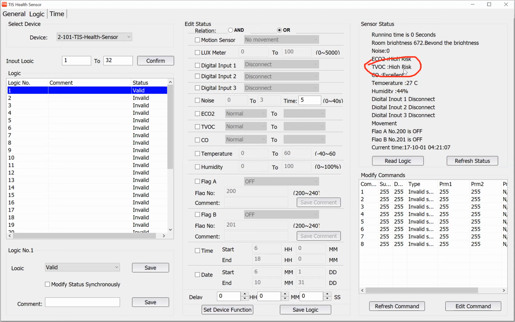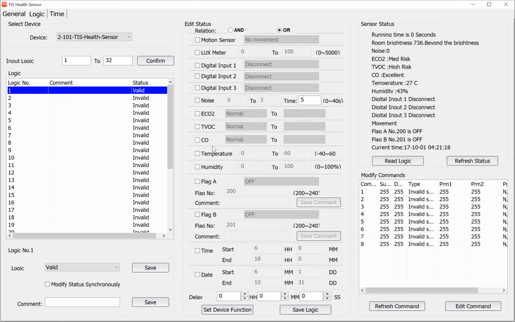And even now it has changed to high risk. This is the VOC, and I said it's chemical. It detects the smell of chemical things.